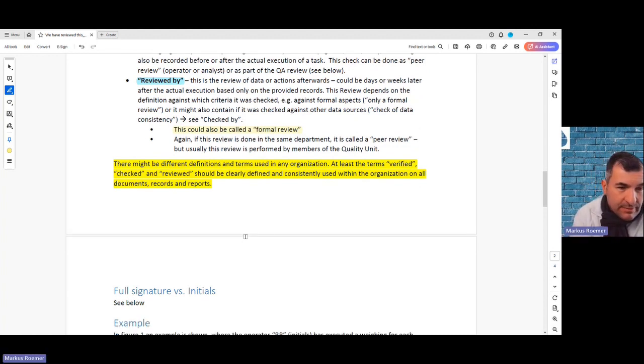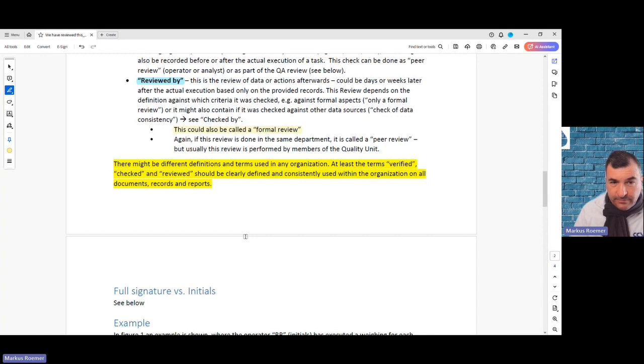So finally, for electronic systems, we might do a different GMP Detox session on that, maybe in the next session or later: when should we apply full signatures? If a predicate rule says this record data should be dated and signed, approved, then you must apply a full signature and initials.